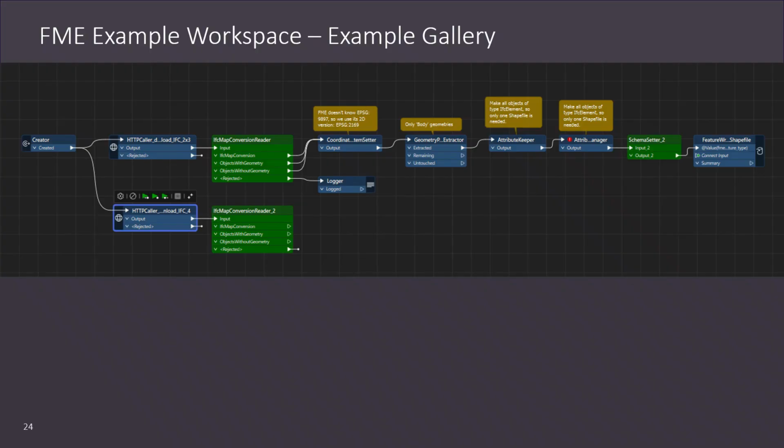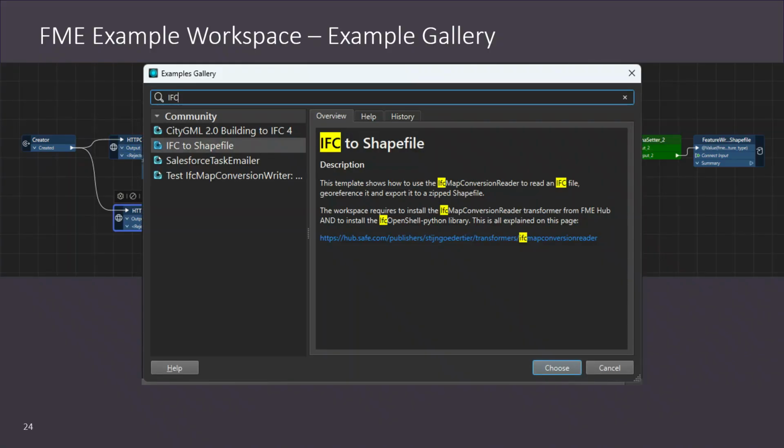And if you've never heard of the example gallery, you can access it via the help toolbar in FME Form. You just type it in and it will give you examples of different workflows. There's probably about 200 in there or so.